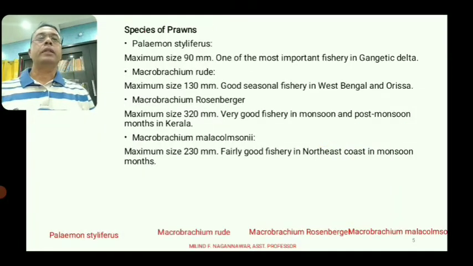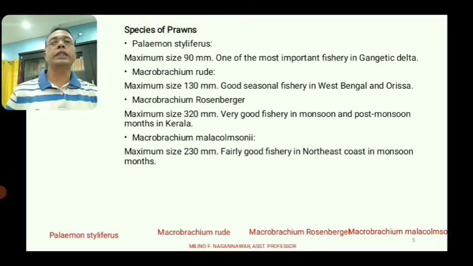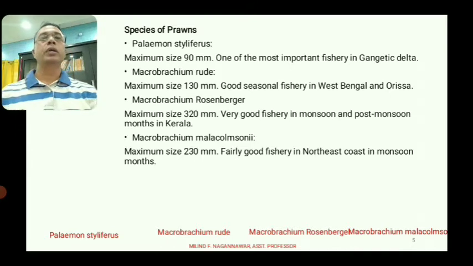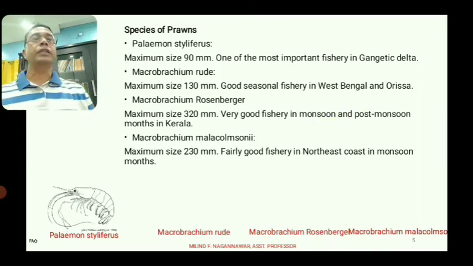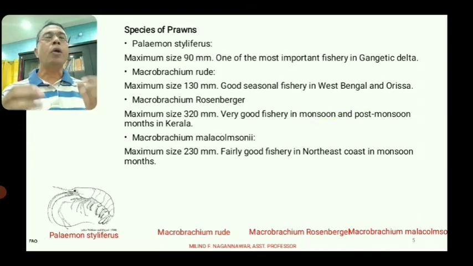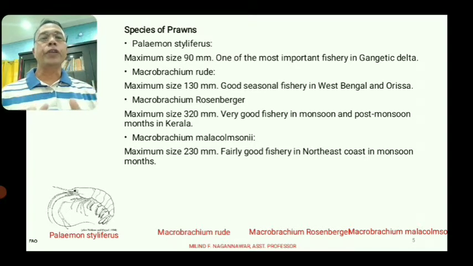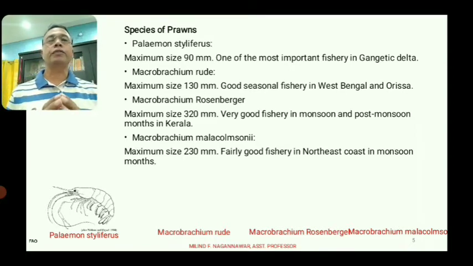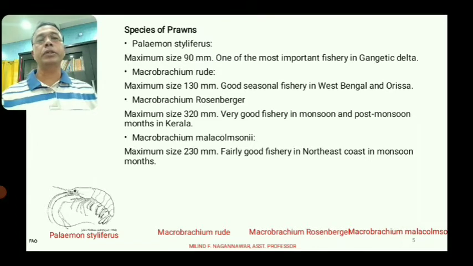Now the species of the prawns, usually the freshwater forms, that is Palaemon styliferus. Palaemon styliferus is also one of the important fisheries taking place in the Gangetic Delta. You will find it in the Gangetic Delta, and the size of this will grow up to 90 millimeter.